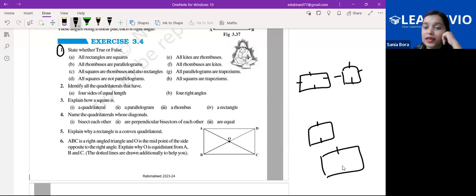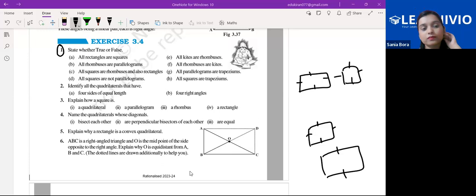No. So that's why there is a difference. Rectangles are not squares, but squares can be rectangles. Clear? This is what you have to learn. A rectangle cannot be a square, but a square can be a rectangle. Clear? Yes, ma'am.